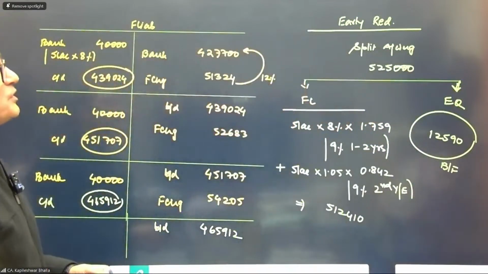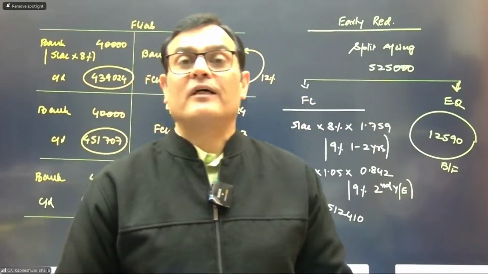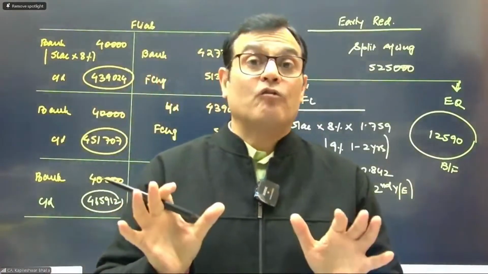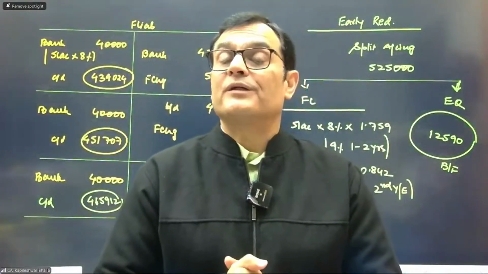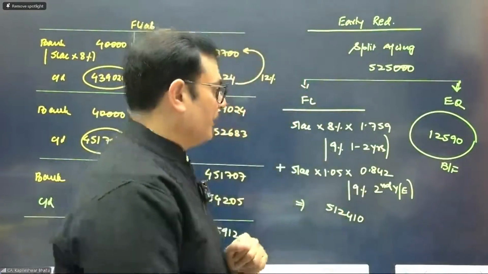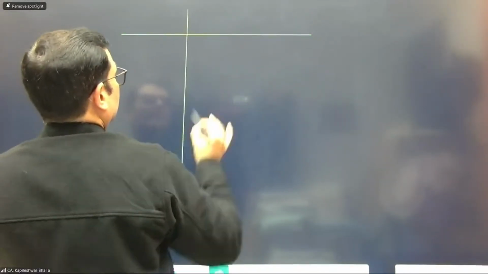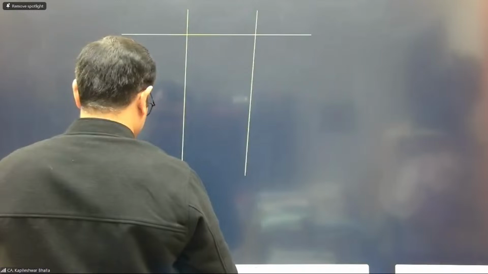So we have basically done the split accounting of that 5,25,000, showing out of this 525 what is offered against the FL and what is offered against equity. Now what do we need to do? Compare. So let's make a comparison. I am going to first organize the data and then put an entry.